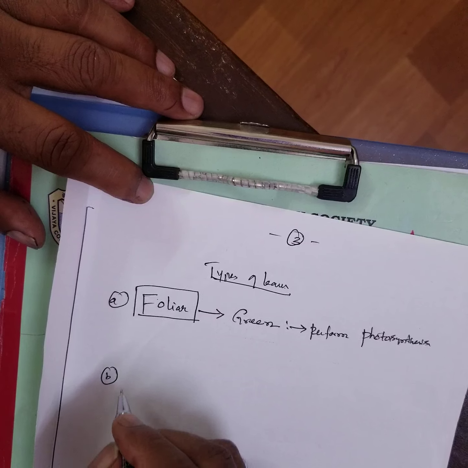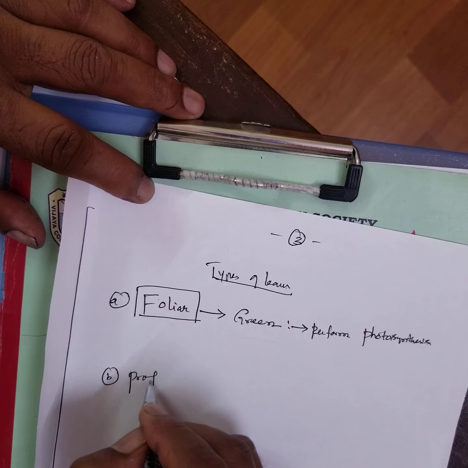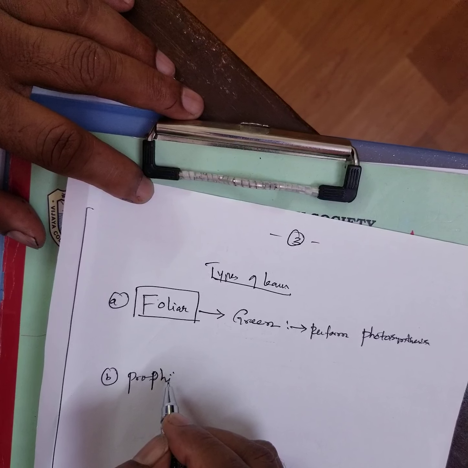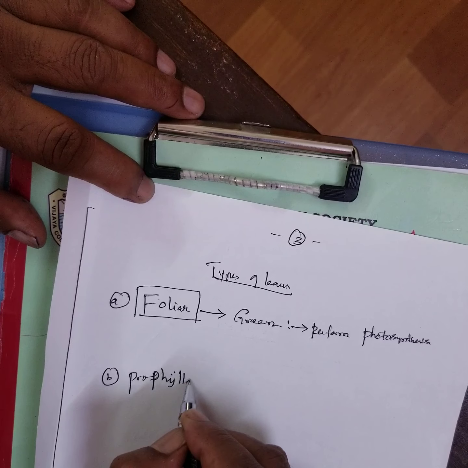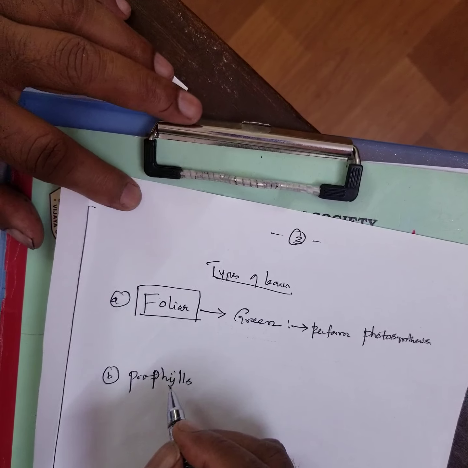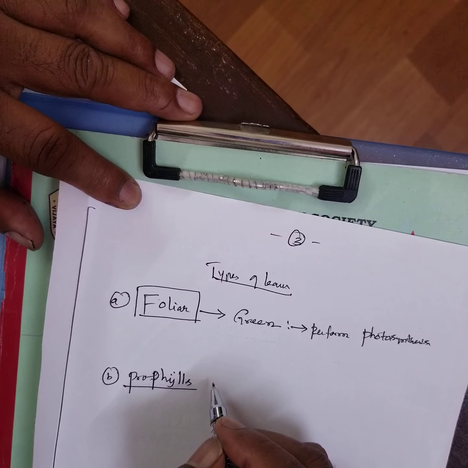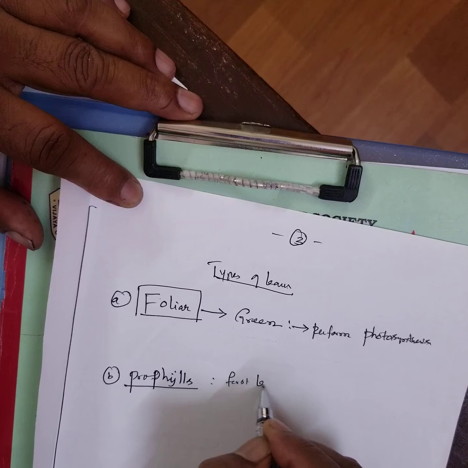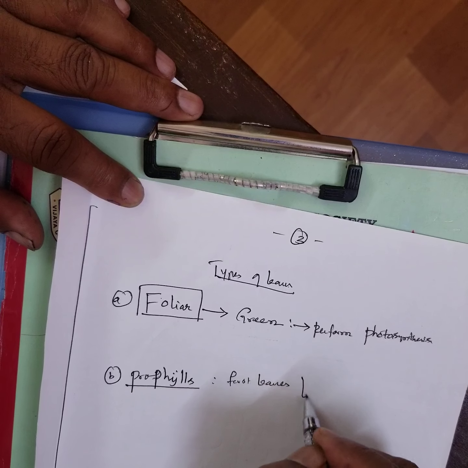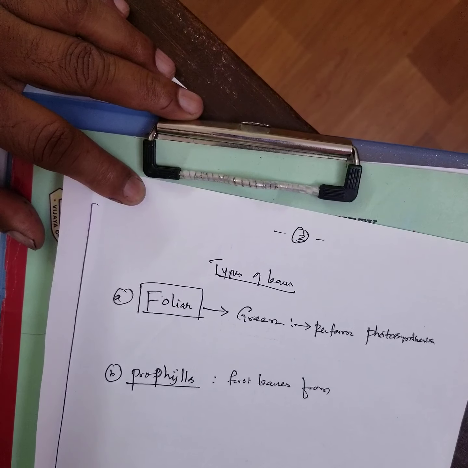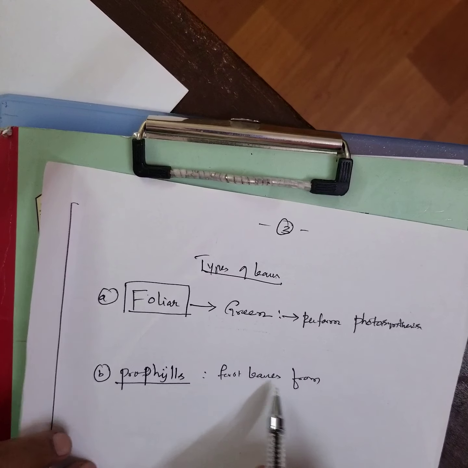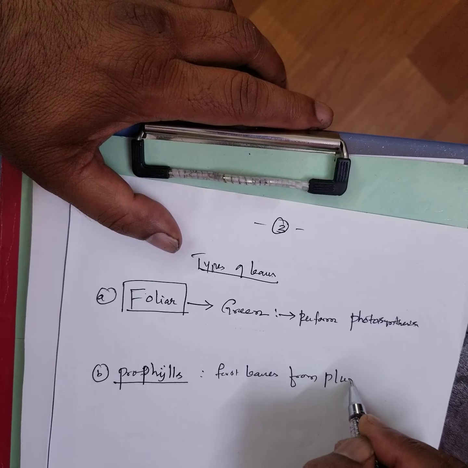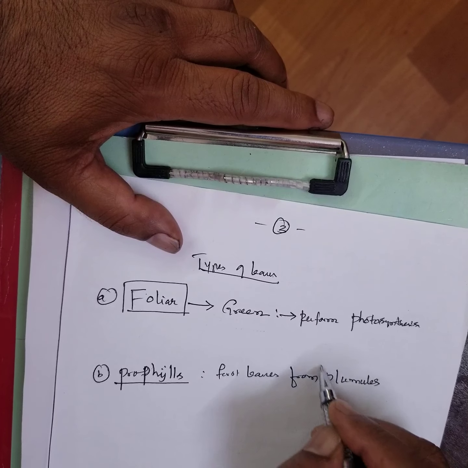Next, prophylls. This is the first leaf, the first leaves formed from plumules. Remember this.